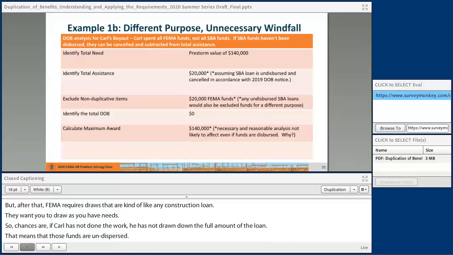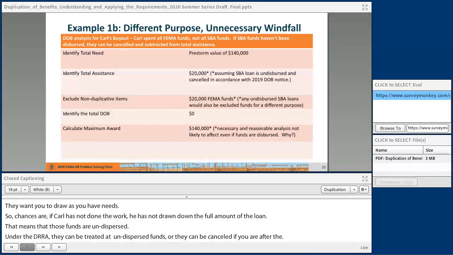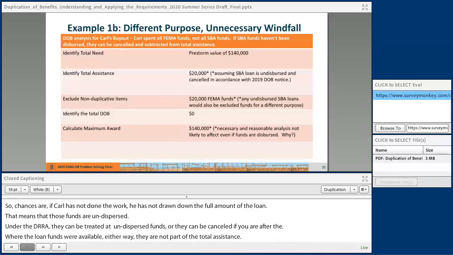This, of course, requires that you are following the requirements of the 2019 DOB notice, meaning you have entered an agreement with Carl that he's not going to draw those loan funds any longer. And if required, you're informing SBA about this cancellation.